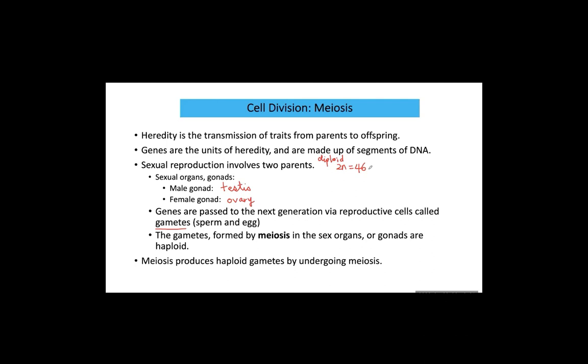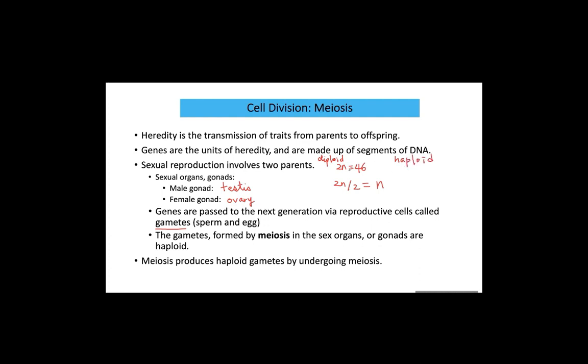Therefore, cells that have homologous chromosomes are called diploid cells, identified as 2n. Then if you divide 2n by 2, you get n, single n. We call this what? Haploid. Half of diploid.